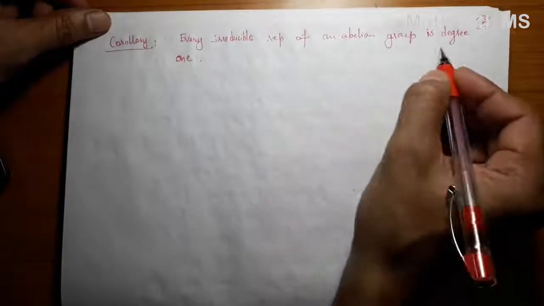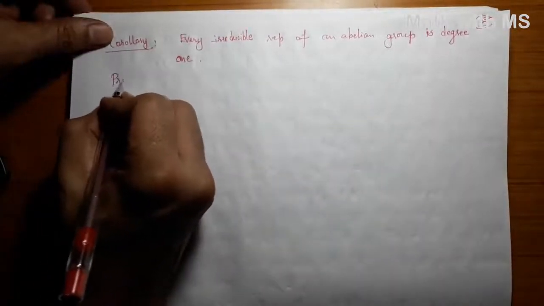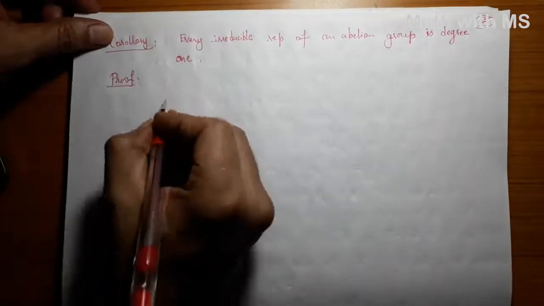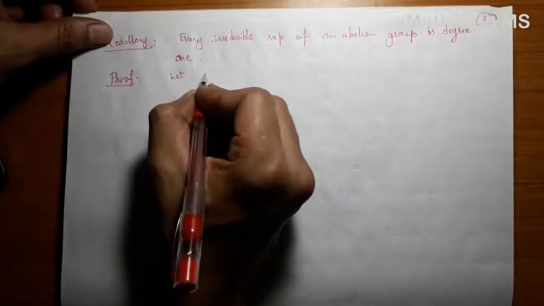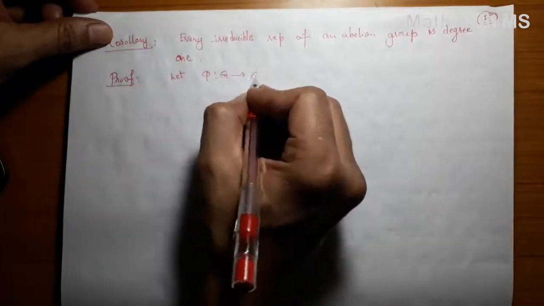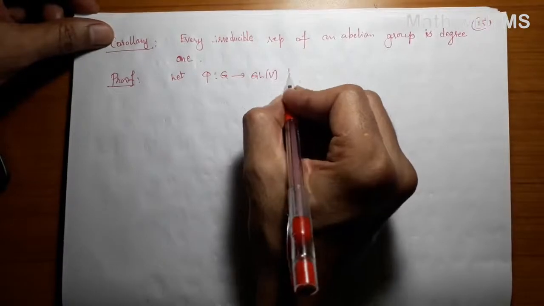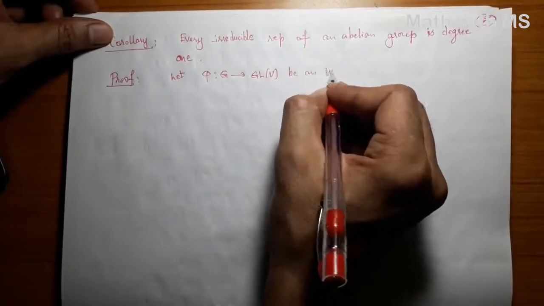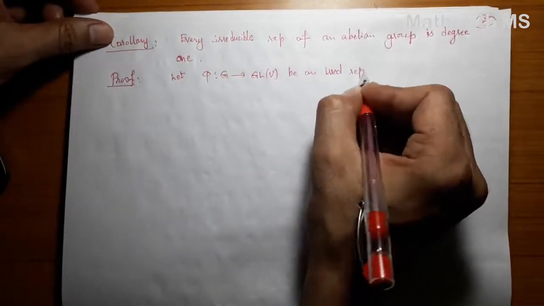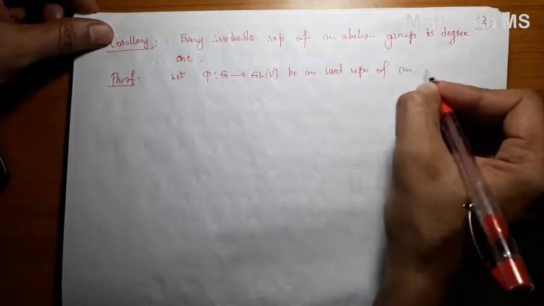Some books will call it dimension, some call it degree. Okay, so let us prove it. So let phi from G to GL(V) be an irreducible representation of an abelian group G.